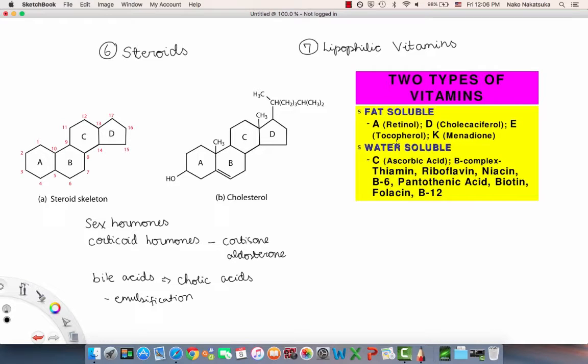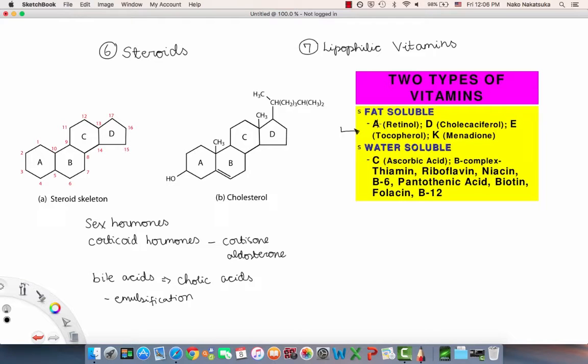Finally, we have lipophilic vitamins, and I just wanted to give you this table to show you that there's fat-soluble and water-soluble vitamins. So the ones that we're interested in are these guys. So vitamin A, D, E, and K. A vitamin is an organic compound other than a fat, protein, or carbohydrate that's required for the normal growth and maintenance of animals, and there's a broad range of structures and functions.